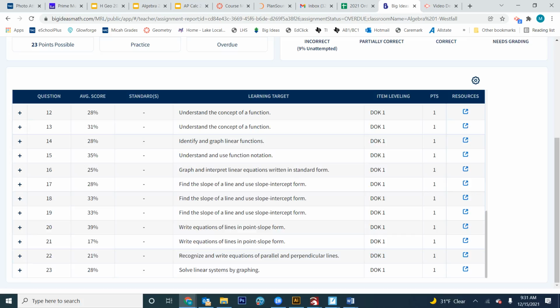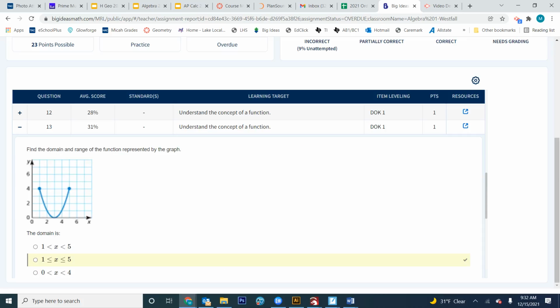Well, we gotta look at 13. Okay, domain and range. We got a U here, right, guys? It stops here, right? What's domain mean? How much the graph covers left and right, which involves x values.